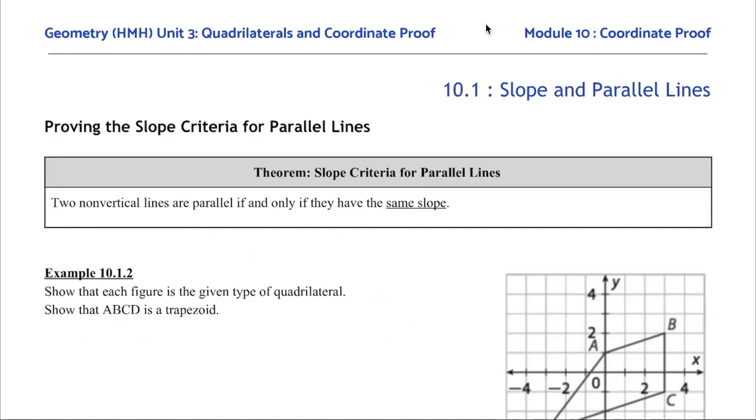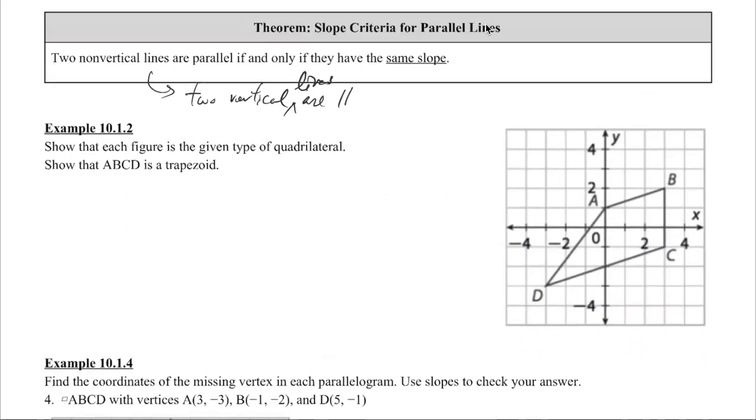Because it's undefined, you can't really compare it to the next number. But I think the implication is that two vertical lines are parallel to each other. It doesn't say it, but two vertical lines are parallel to each other. Okay, vertical lines.